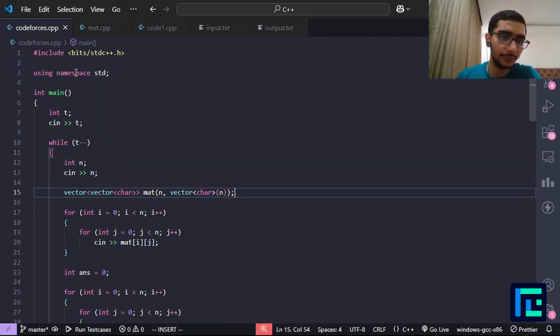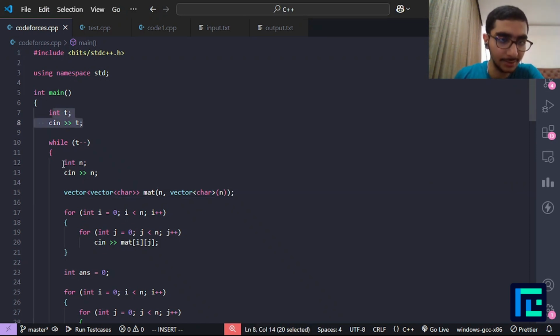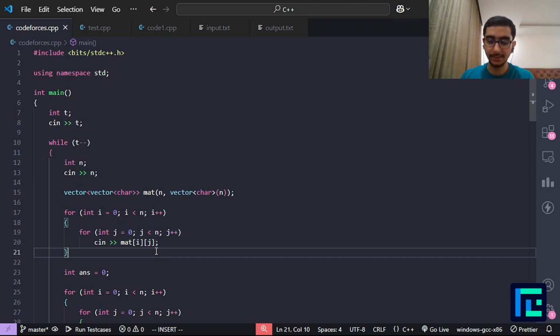So first of all, what we'll do is run a loop for all test cases, and for every test case, we'll take in the input for n, that is the dimension of our matrix, and then we'll take the input of the matrix, right? So taking the input here is basically O of n square operation, right?